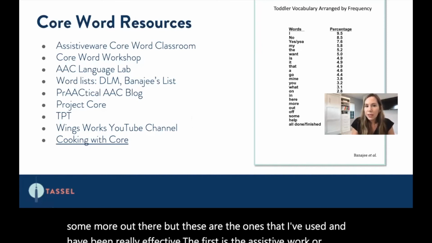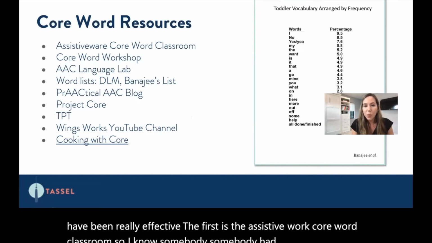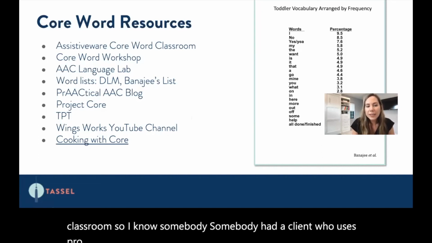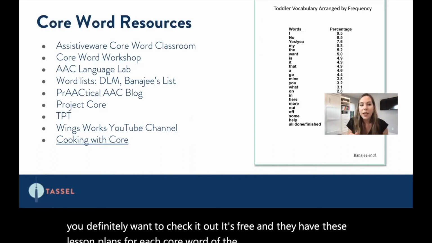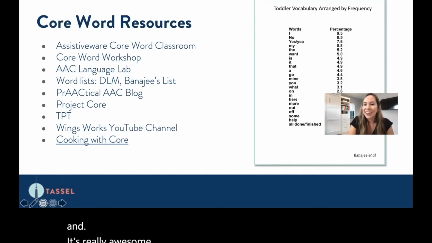So I know somebody had a client who uses Proloquo. Are you using the Assistive Core Word Classroom? If not, you definitely want to check it out. It's free. And they have these lesson plans for each core word of the week or each core word. And it's really awesome. Aaron said, I copy a lot of their stuff. I know, it's so great.